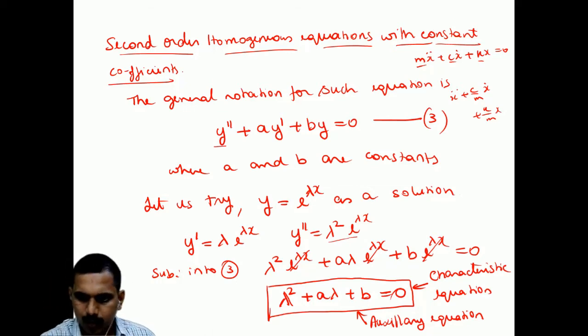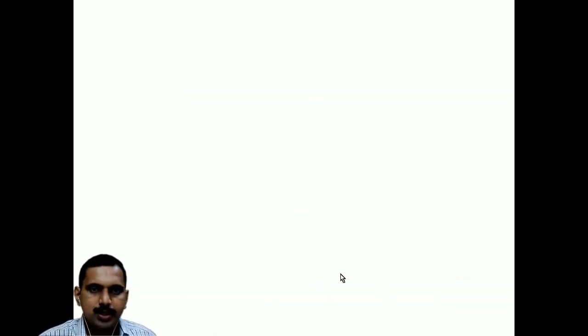Okay. So now what happens is lambda square plus a lambda plus b is equal to 0 is the thing. So the solution of this determines the character of the differential equation. Let us see what the solution is. What is the characteristic equation?